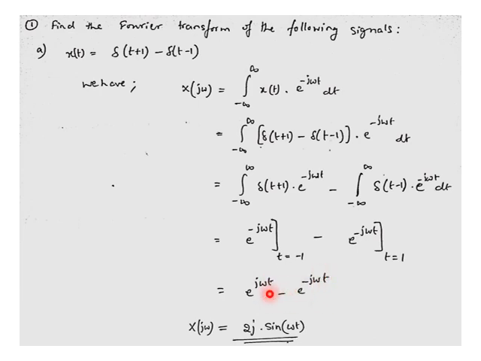So e to the power j omega minus e to the power minus j omega, divided by 2j into 2j, so we have sine omega, with 2j remaining. So 2j into sine omega, not t, sine omega is the final answer for the Fourier transform of the given x of t function.